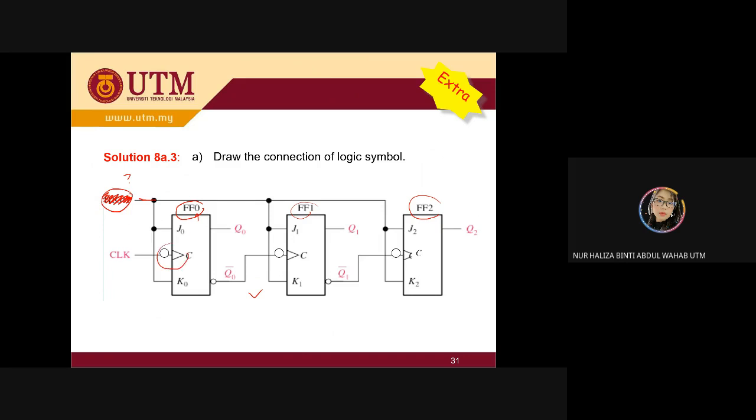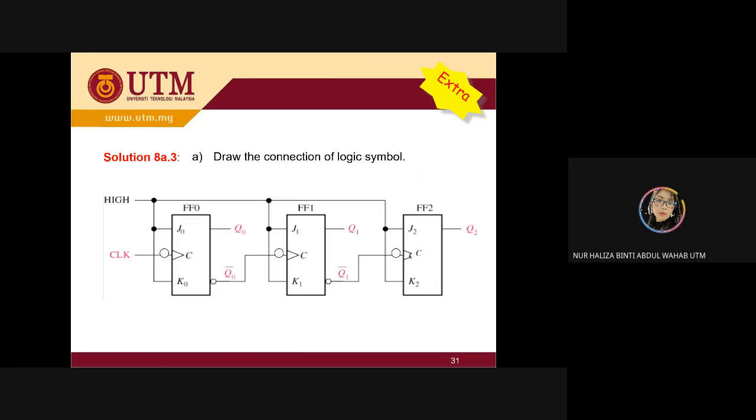And the first clock should be connected to the clock, and this must be all similar. If it is negative, you need to have a bubble. If it is positive, you need to remove this bubble. And another one is in terms of the connection. Is it correct or not?